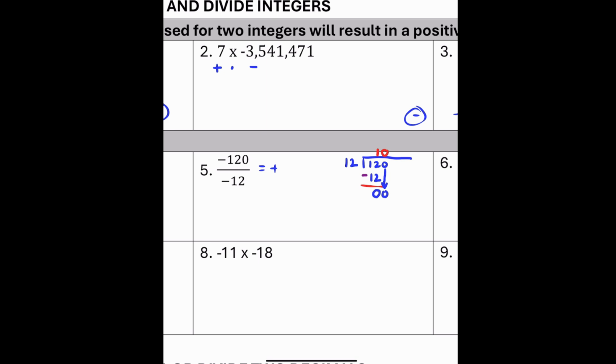Right? So it's going to be minus 0. So 0 minus 0 is 0, and that is my remainder. So now I can go ahead and say that we have a 10. Our answer is positive 10.